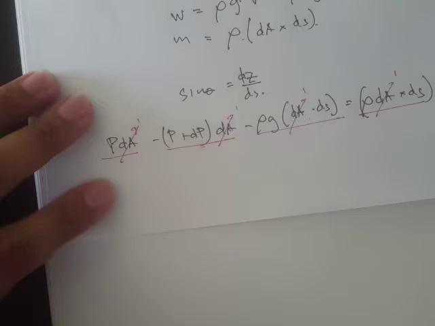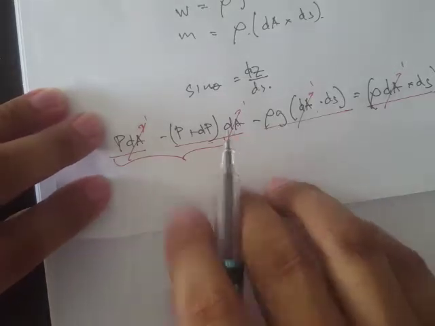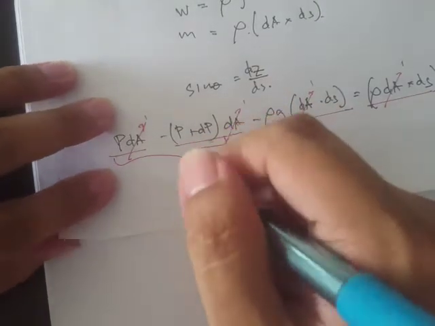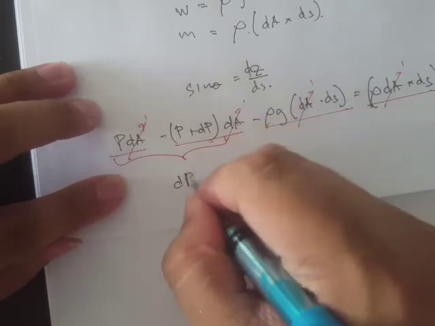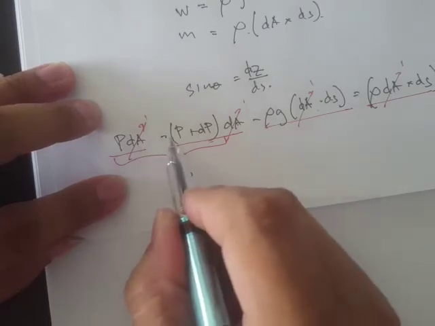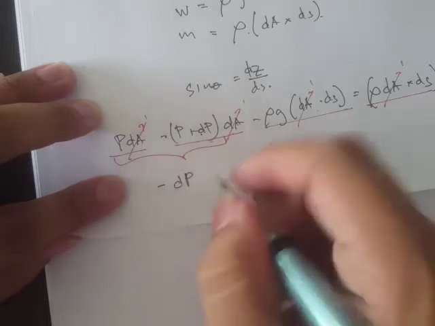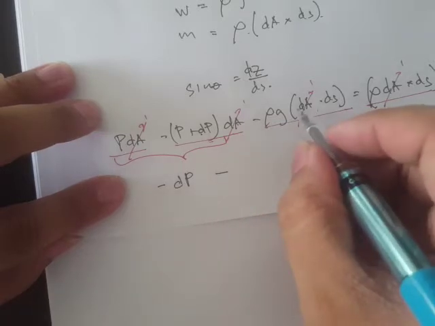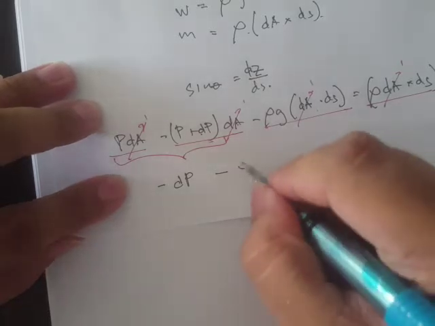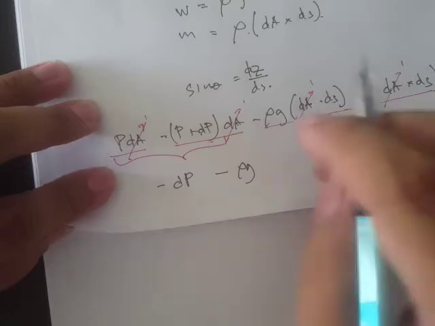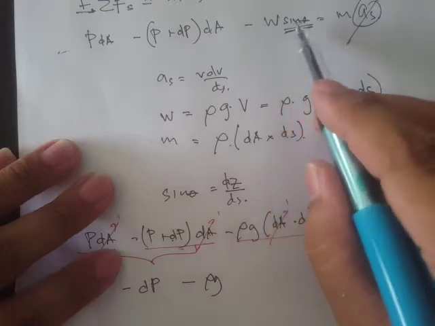Okay, and this is just simply the differential pressure, so just the delta P, or if we take the limit, then what we get is dP, except that we have to take into account this negative sign, so this is like P sub 2 minus P sub 1, so that's going to be negative dP minus rho g times ds, except that I guess this should be ds times sine theta.